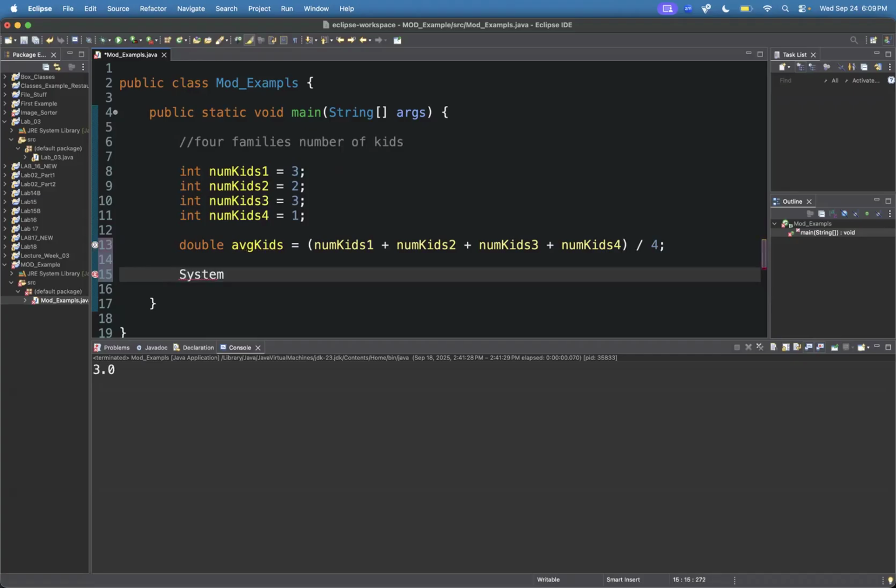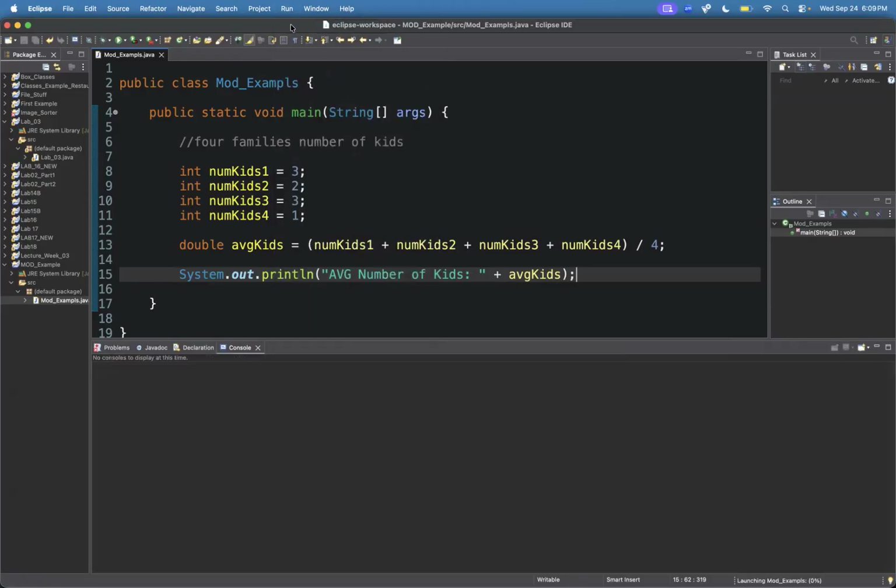So let's do system.out.println and we'll just print out average number of kids, and we'll put the average kids there. Okay. Now, when I do this, I get that the average number of kids is 2.0. Okay. But is that right?